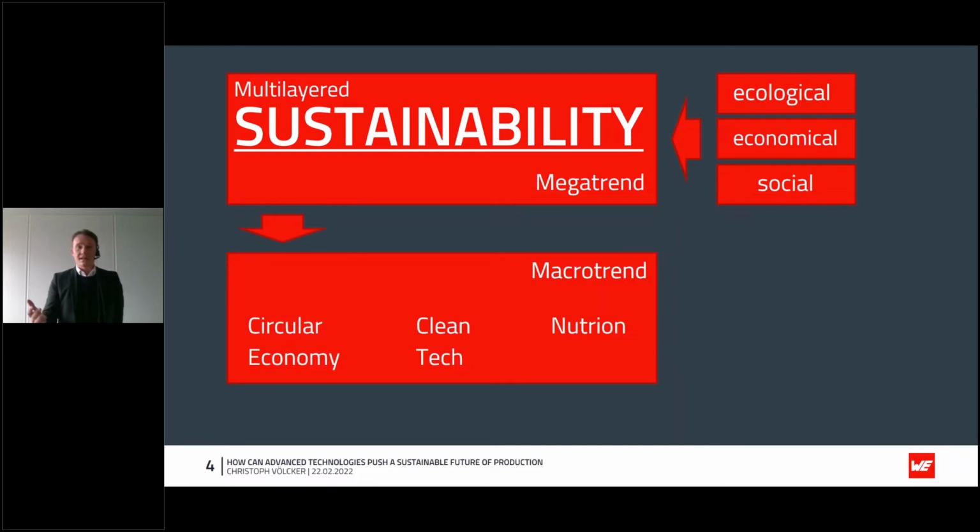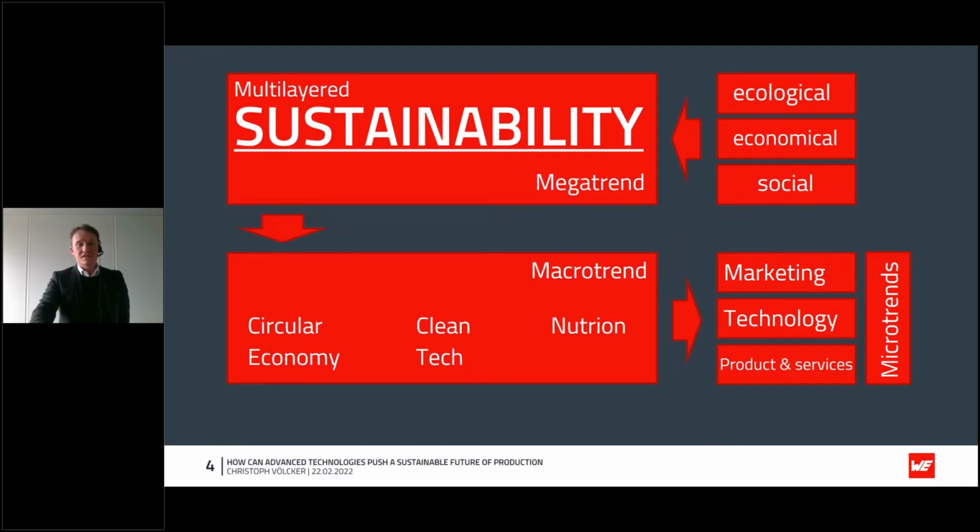Last year, we had the Green Deal and we are focusing on circular economy. Those are the buzzwords, the macro trends, so to say, clean tech and nutrient. Those are the topics we really have to be keen on in the way of sustainability. And if you go even deeper, there are the micro trends.